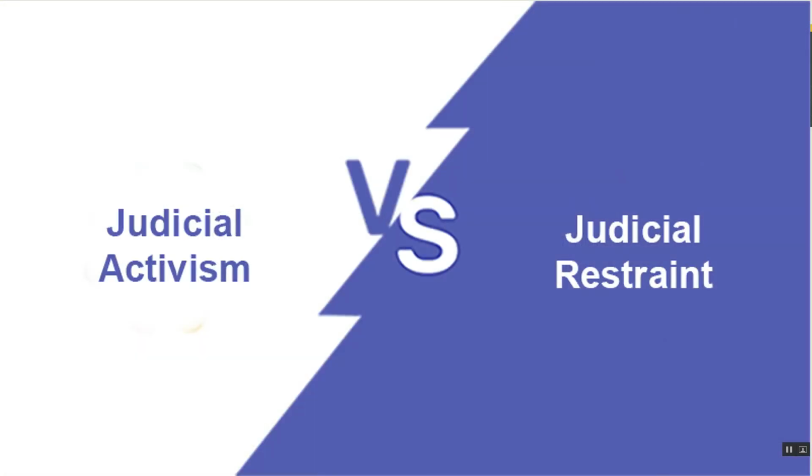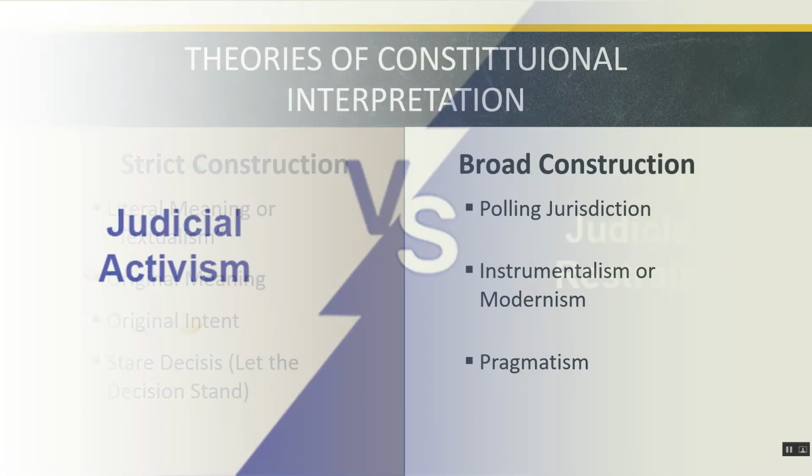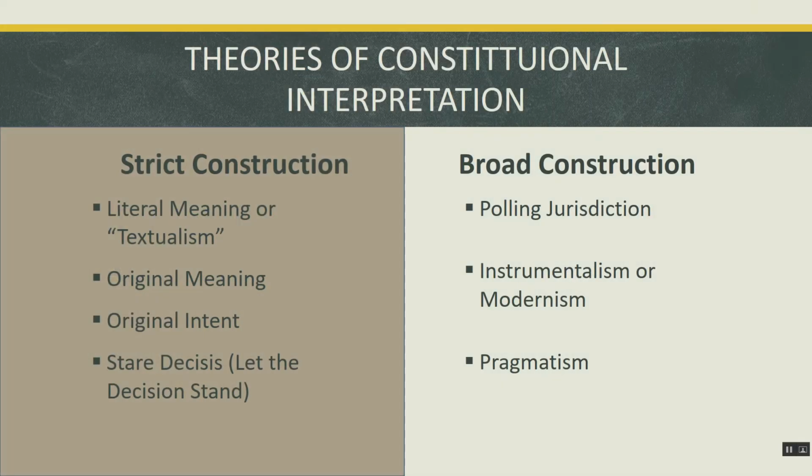And this actually leads us into our next major discussion, because the debate between judicial activists and judicial restraintists ultimately and often boils down to a disagreement about how to interpret the Constitution.